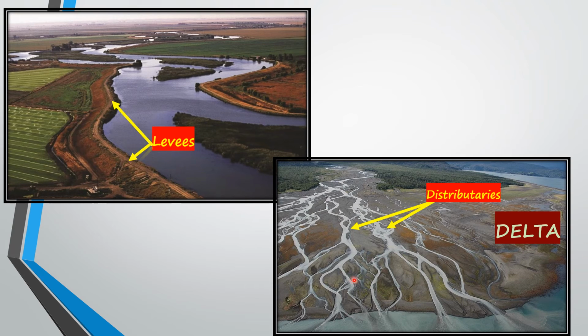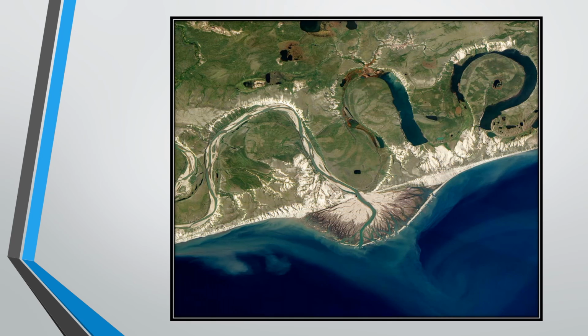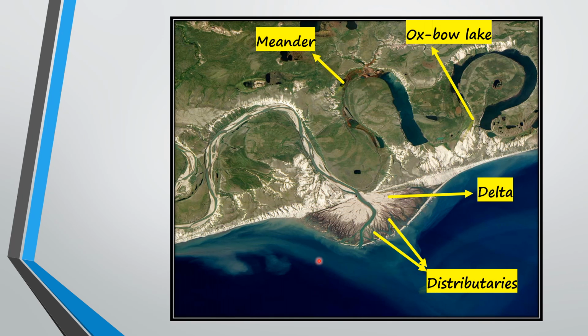Each distributary forms its own mouth. This collection of sediments, the load that the river had been carrying all through its path, from all the mouths forms the delta region.